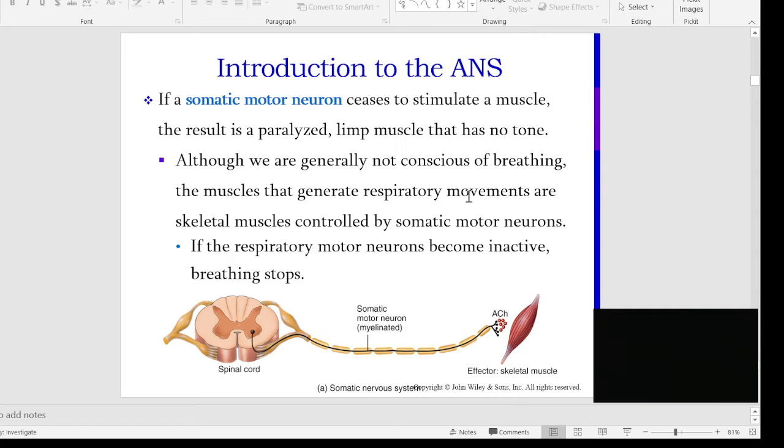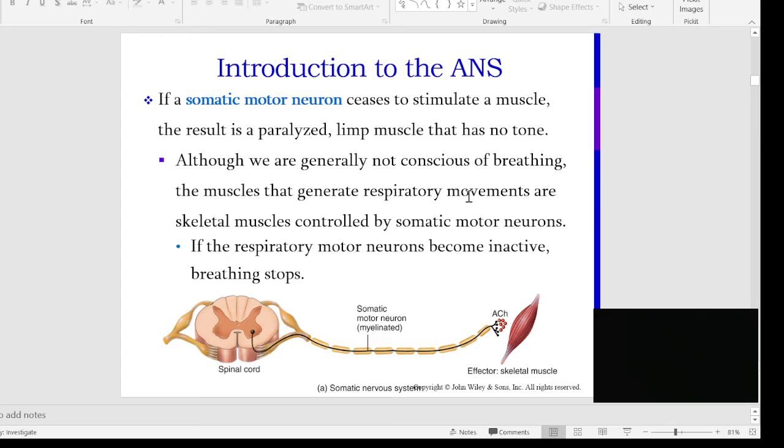Although it is somatic, the signal from the brain is continuous. You are unconscious, so the control is subconscious. The diaphragm is a skeletal muscle, but it is connected to your hypothalamus.